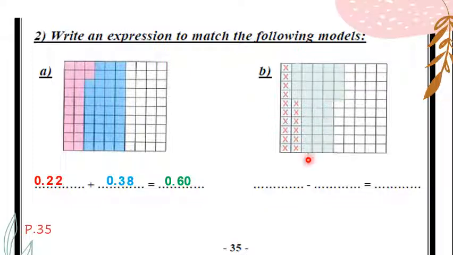That means the first number is 0.54. Minus what? Let me see. He crossed out for me the first column. The first column is 10, 11, 12, 13, 14, 15, 16. Minus 0.16. If I make in the draft 0.54 minus 0.16, the answer would be 0.38.